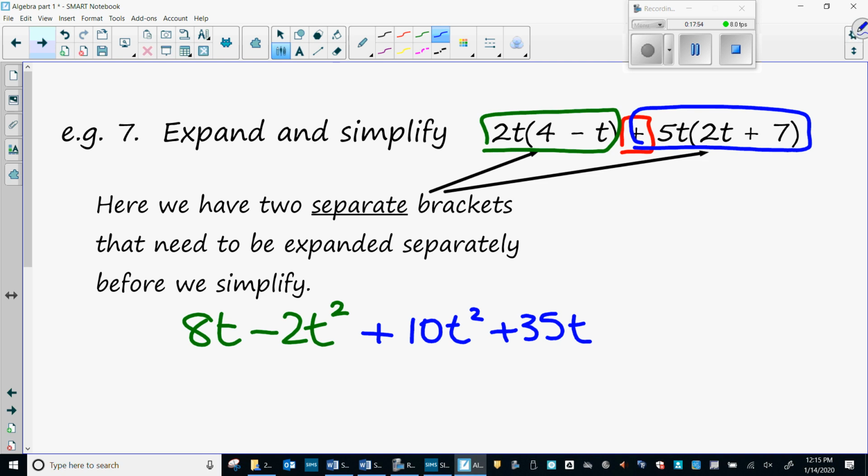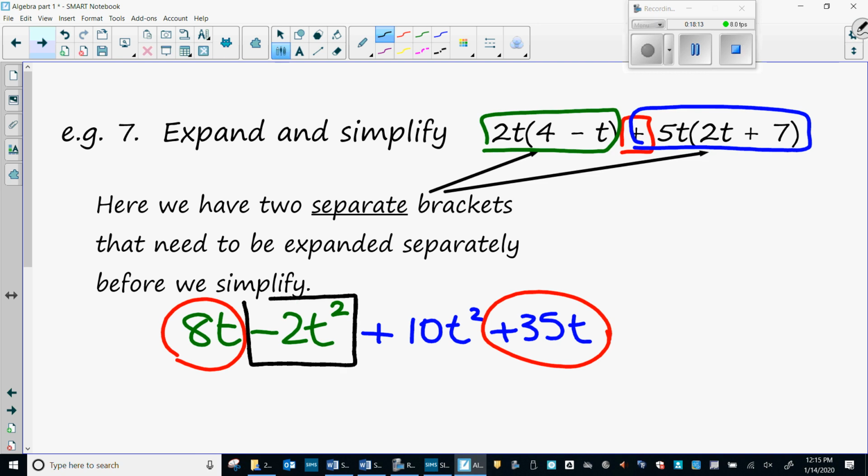Now we're looking for common terms. I want to see you recognizing the signs in front of them. My 8t joins with my positive 35t. My negative 2t squared joins with my positive 10t squared.